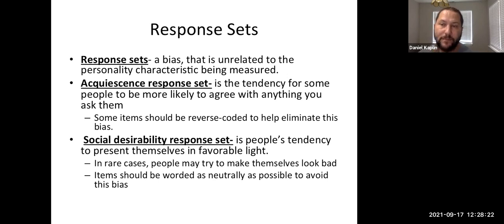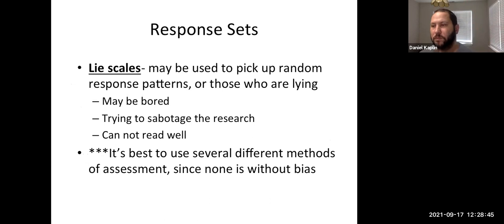Most people are going to say true to that. If a person's being socially desirable, they're going to say false. But I would ask you, who isn't resentful at times, right? So you could detect people trying to present themselves in an overly favorable light by using social desirability scales.